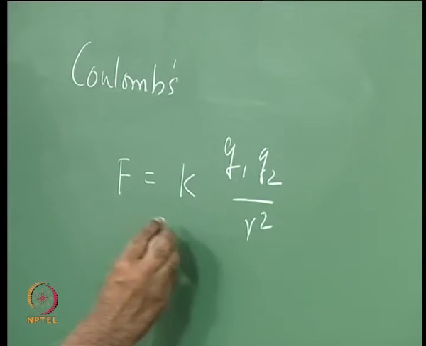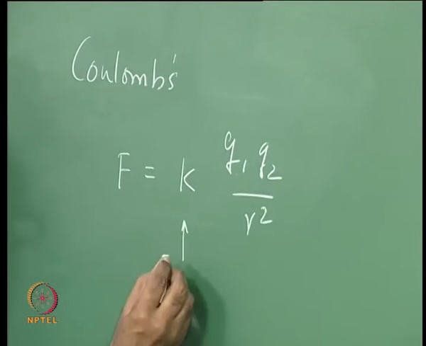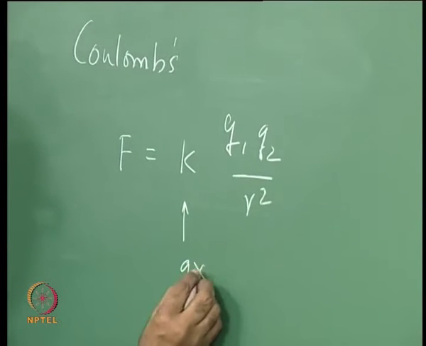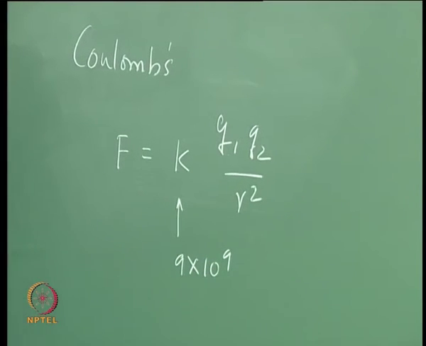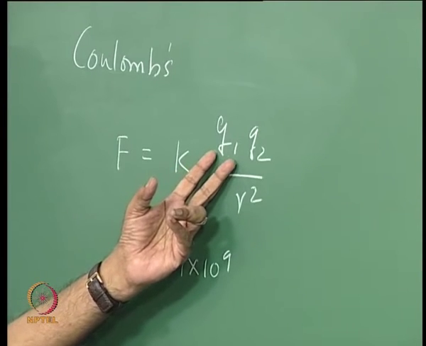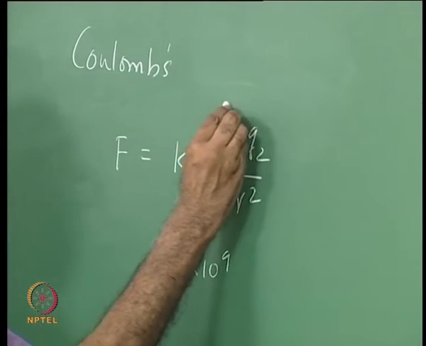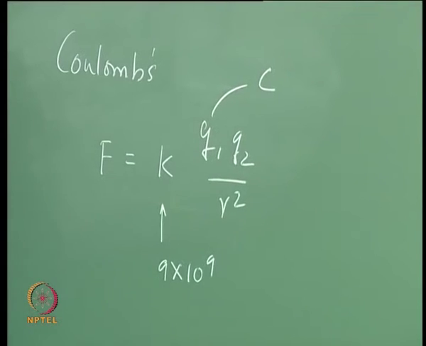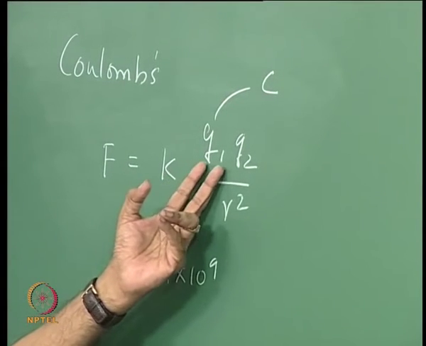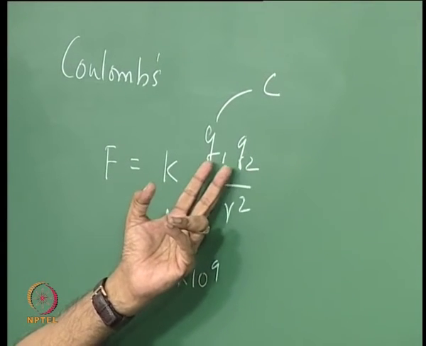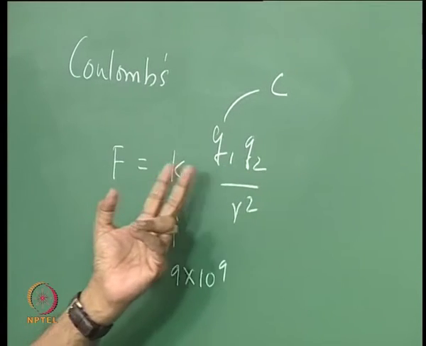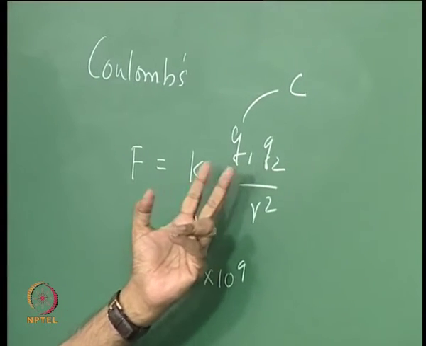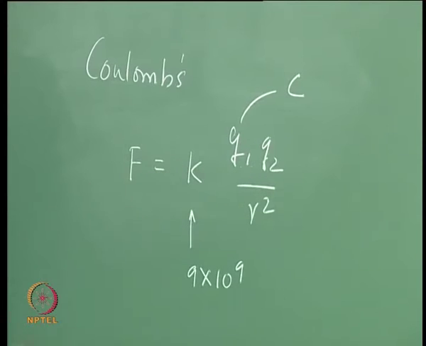If you do a series of experiments or if you derive it, the value of k works out to be 9 into 10 to the power 9, and now I should have some units for charge. The unit for charge is again Coulomb, C. Two like charges q1 and q2 will repel each other, unlike charges attract each other, therefore we will not put any sign over here.